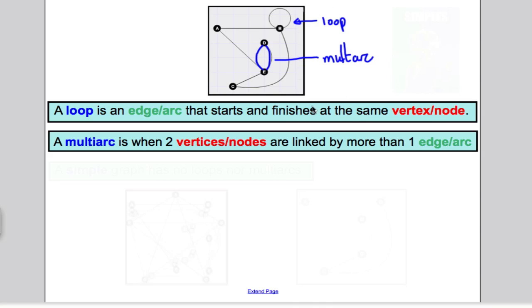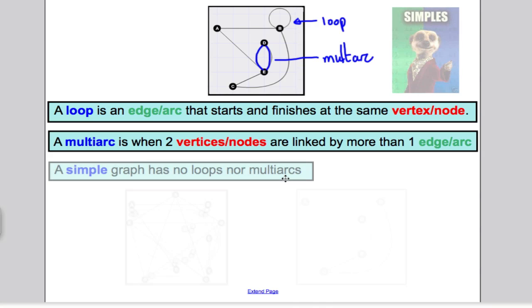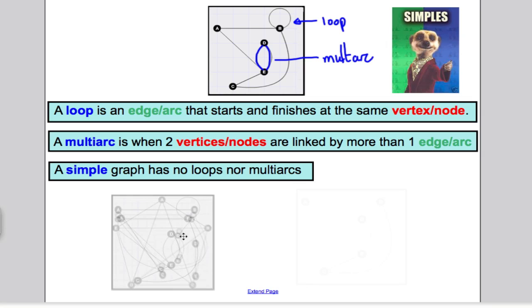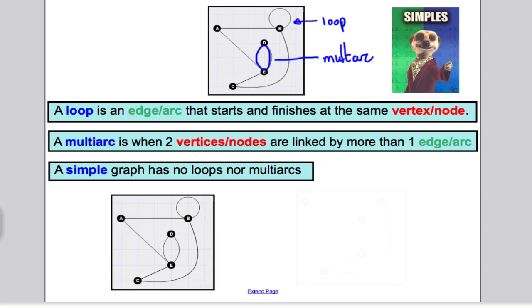Another definition we need to know is what a simple graph is. A simple graph is a graph that does not have a loop and does not have any multi-arcs. So, let's take a look at a couple of pictures. This picture here is the one above. This is not a simple graph.